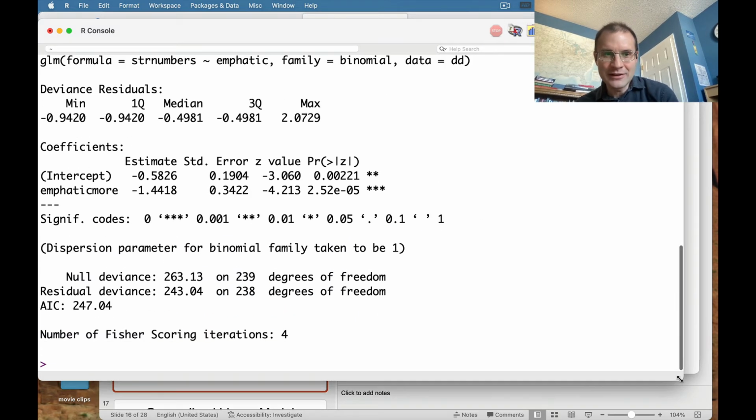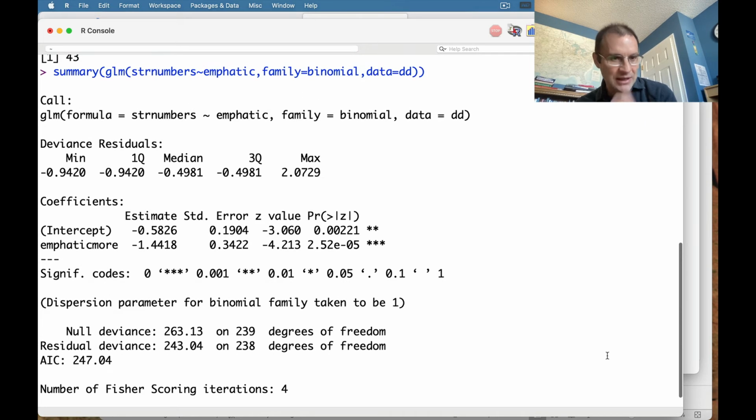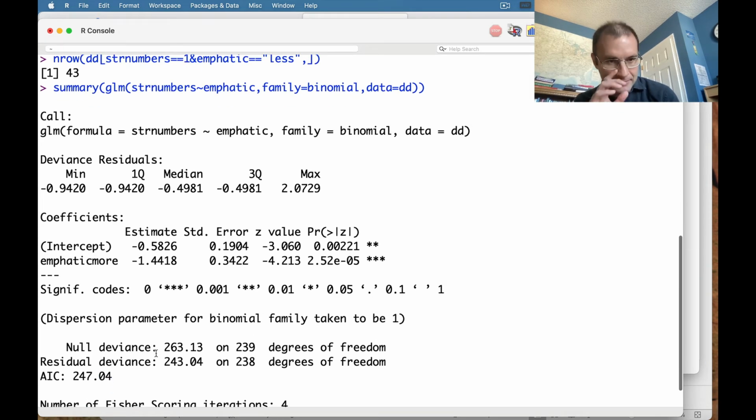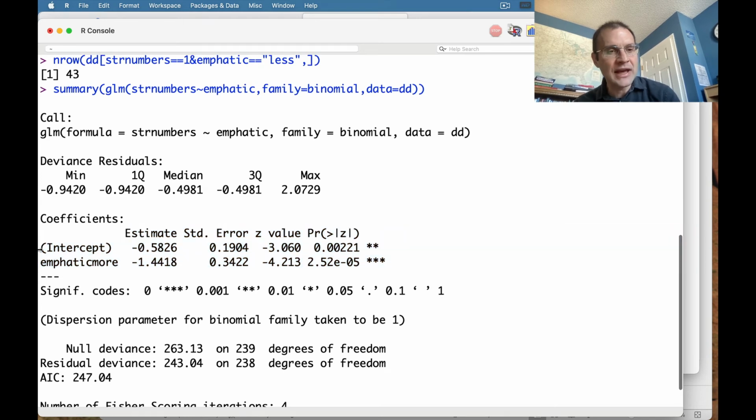If we pump out the results, we get something that looks like this. So there's a lot of stuff in here that looks familiar, including, I guess I'll just quickly mention the AIC factor, which we're not going to dwell on here. But the part of this that we care about is these coefficients. So this looks like the old linear regression models that we played around with a while back, including having an intercept.